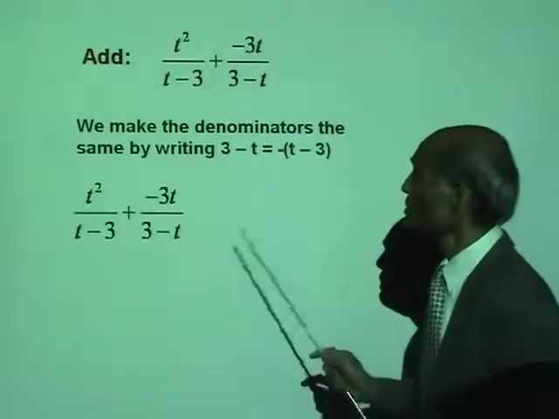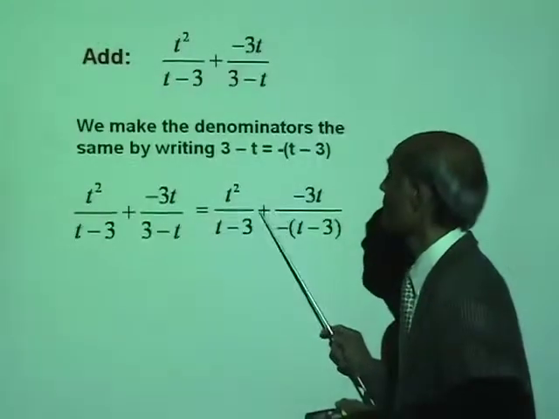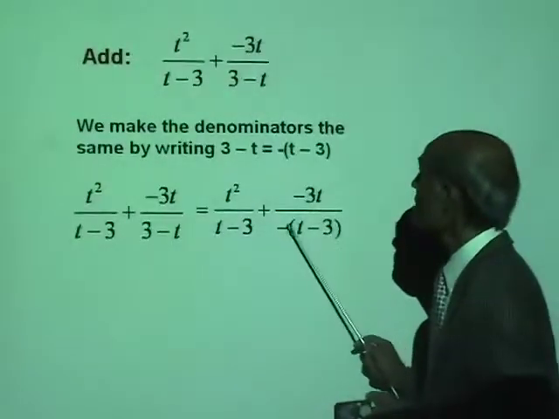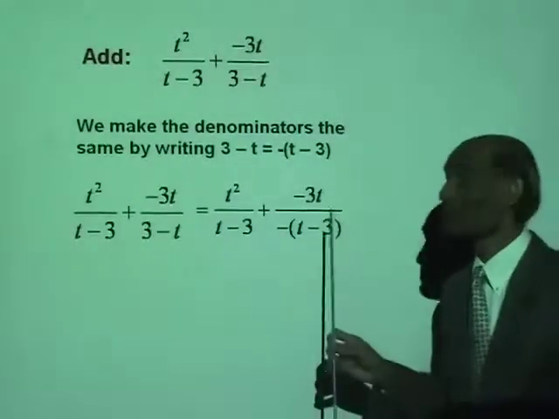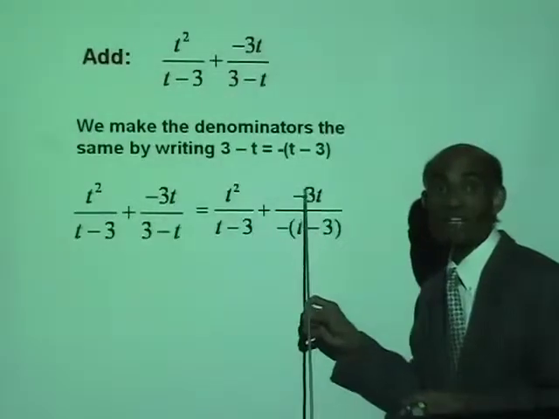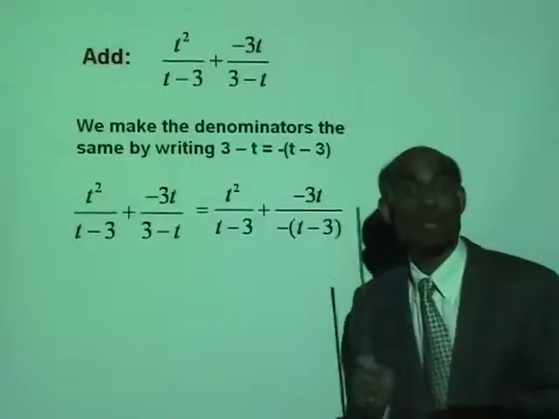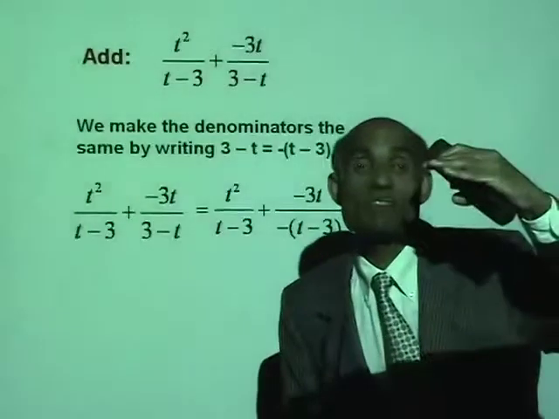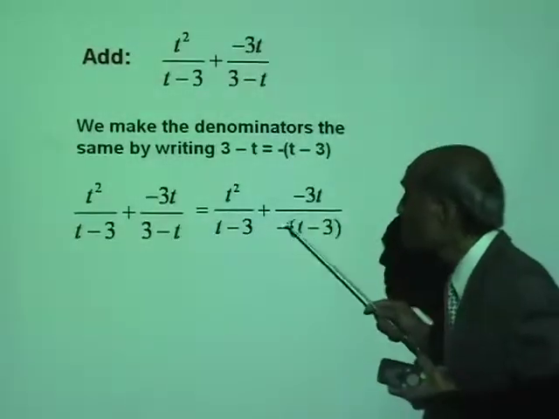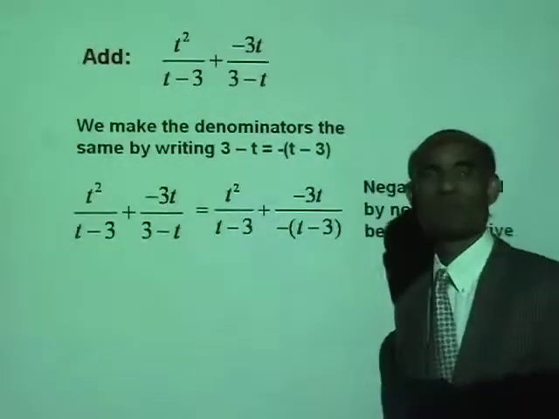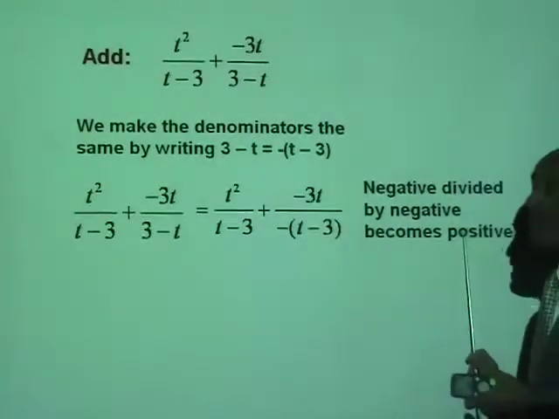Let's do that. So this now becomes t squared over t minus 3 plus negative 3t over negative t minus 3. And if you notice the second expression, a negative quantity on the numerator, a negative quantity on the denominator, a negative divided by negative becomes positive. So actually these two negatives will disappear.